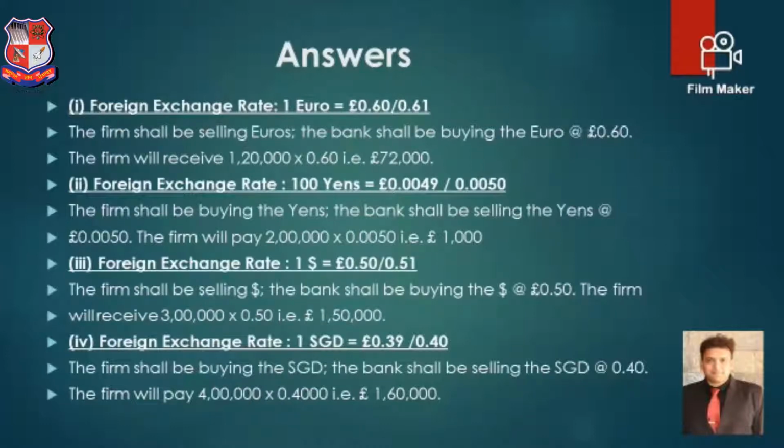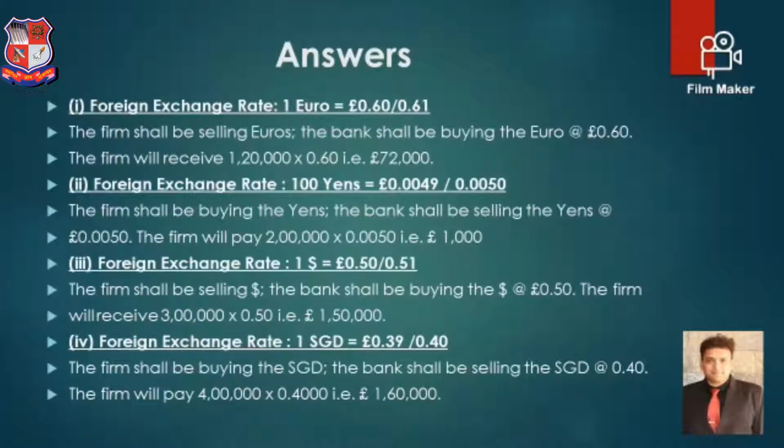Now the second question is, the firm pays 2 lakh yen interest. So if you want to pay 2 lakh yen in UK, you need to give our bank pounds and you can receive yen. Now to get 100 yen, the UK based firm has to give 0.0050 pound, because now we are buying, so the bank will be selling.